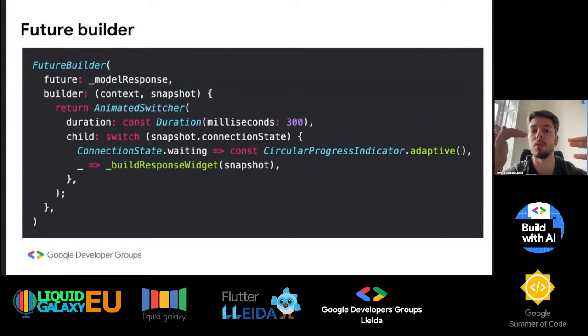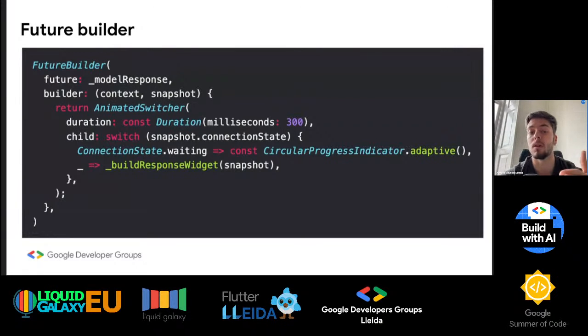In this case, I put AnimatedSwitcher only to have a fancy animation between states, and with this switch on snapshot connection state, I can check if the future is building, meanwhile fetching, going to the servers and coming back, or is ready to use.